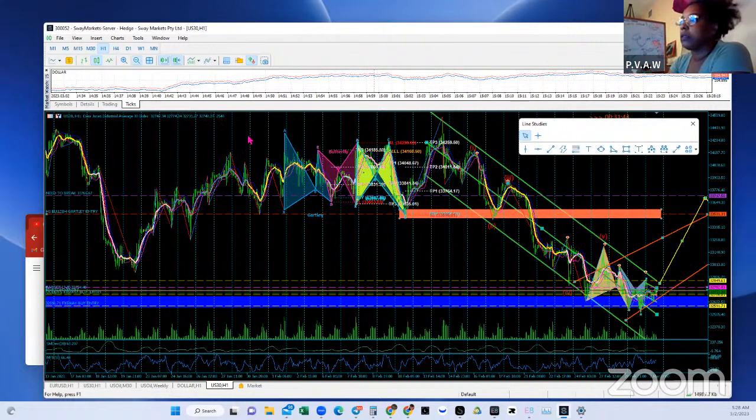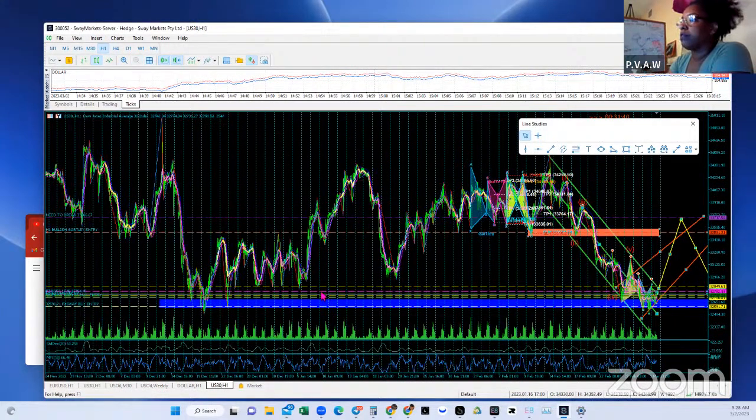Actually, this pattern right here is what I'm talking about.